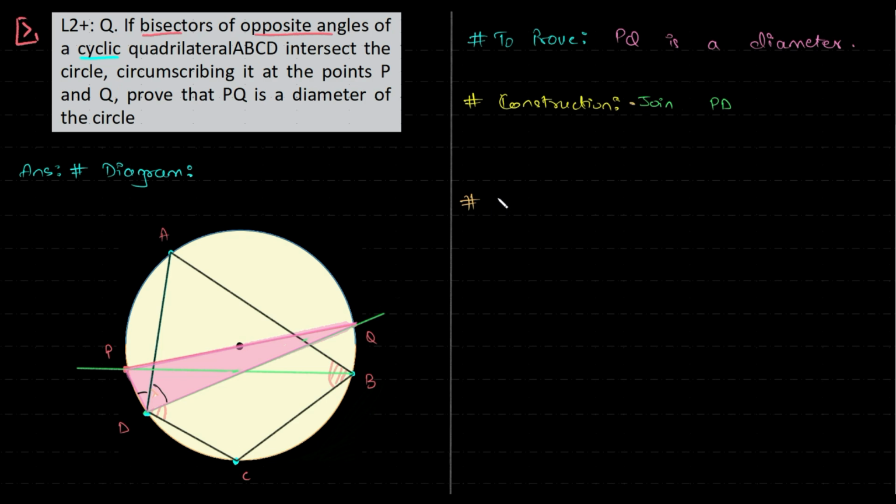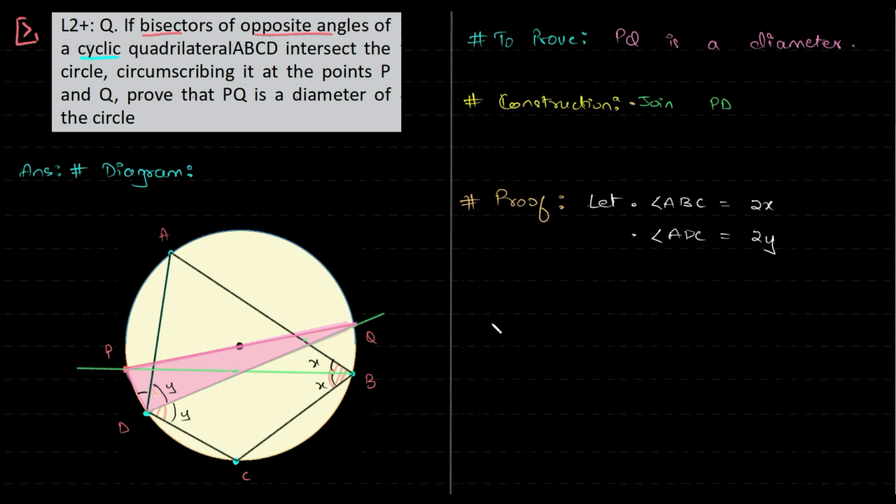Next is the proof. As usual, whenever we have bisectors, we let the angle ABC be equal to 2x, and EDC equal to 2y. So this is x and this is x, this is y and this is y.